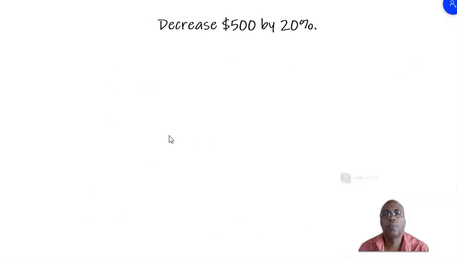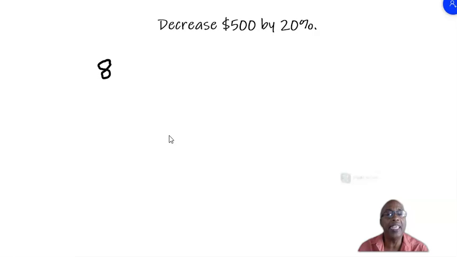Let's look at another example. We want to decrease $500 by 20%. Let's use the second method one time. If we let the $500 be 100%, if we decrease it by 20%, it means we have to find 100 minus 20 is 80.